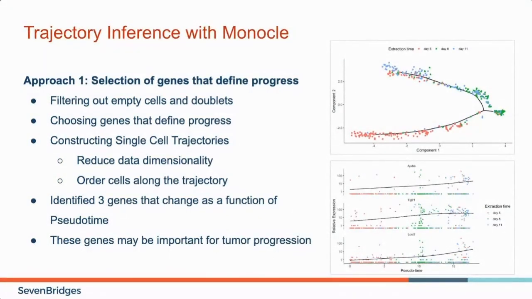You may notice that these genes were not active in early stages of tumor development, but their activity increased in later stages. So this approach could potentially be used for the identification of genes as potential biomarkers indicating progression of tumor through different stages of development.